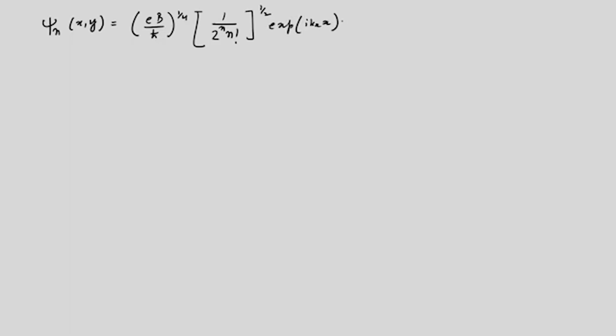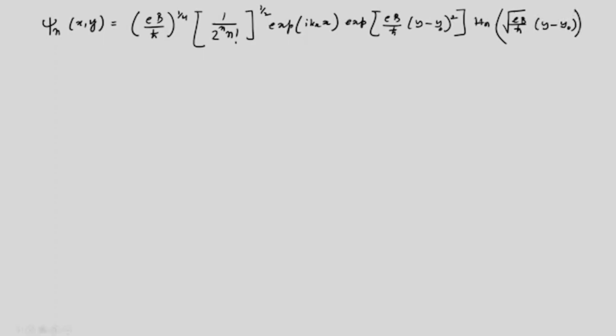So psi n x y is given by some EB over h cross whole to the power 1/4, 1 by 2 to the power n n factorial this to the power half, and then we of course have this exponential function which is freely moving in the x direction, and then we have this exponential EB over h cross y minus y0 square, and then the Hermite polynomials, which is nothing but root over EB by h cross and y minus y0.